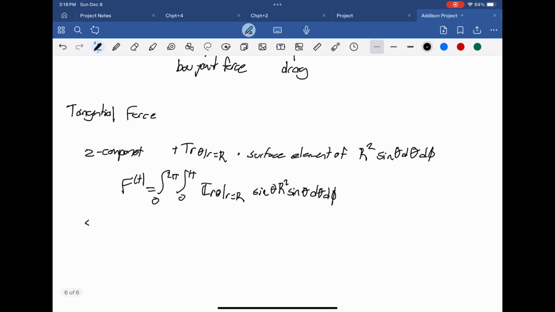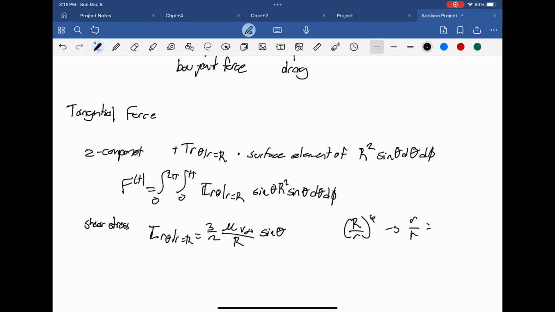We're going to plug in. We need to find out what our tau r theta equation from above equals when r equals little r, which is easy because they only interact once in the equation, which is inside the parentheses. So this big R over little r, when they're equal to each other, is just going to be R over R, which equals 1.